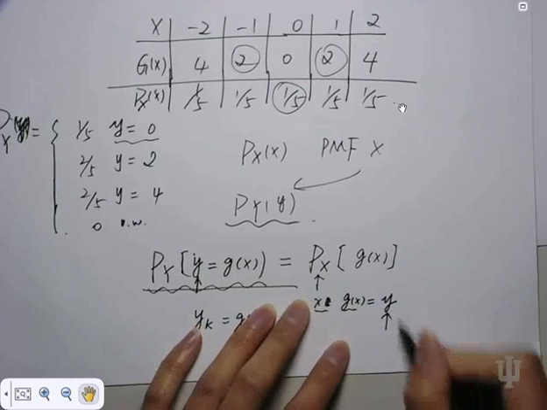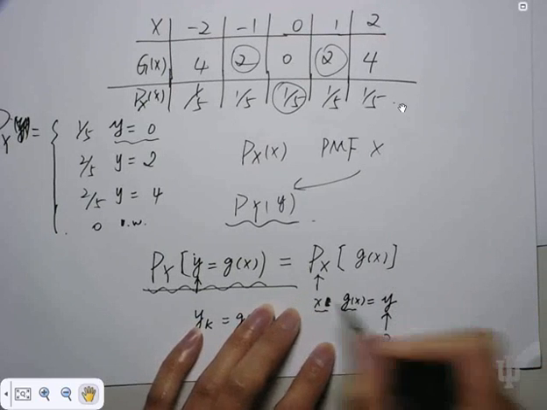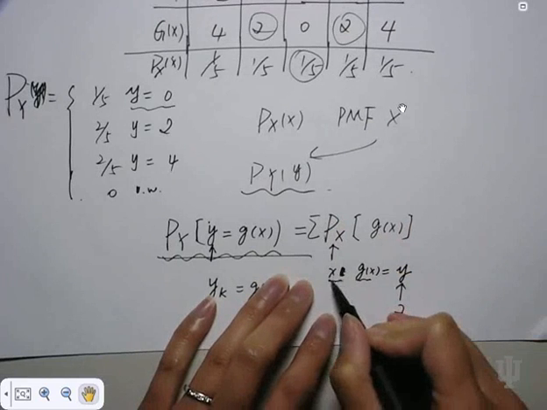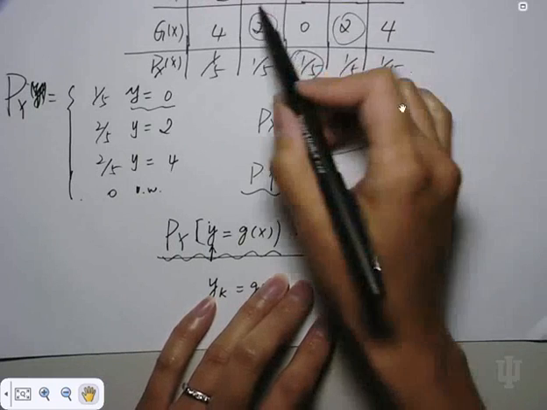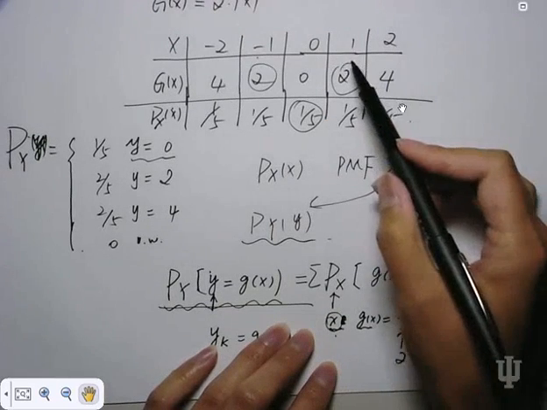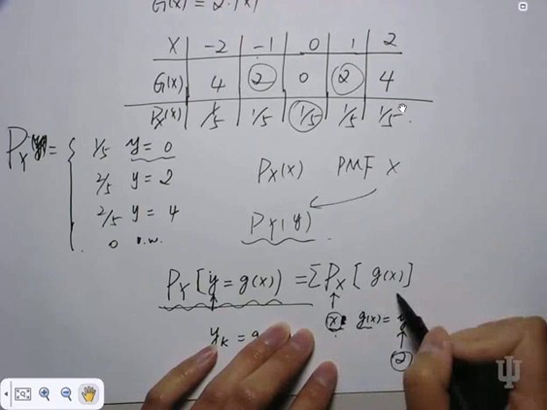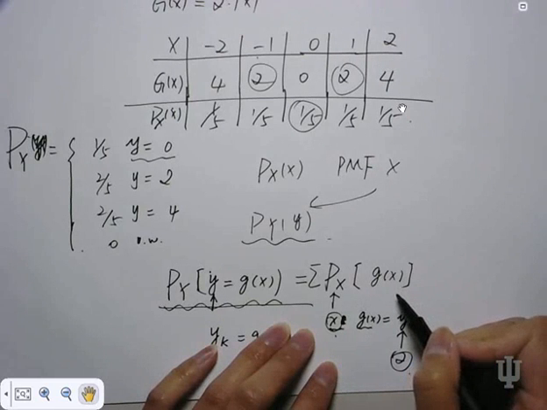For any value of y, for example 2, I need to find all the little x, positive 1, -1, that give me 2, and I sum up those probabilities of x, correct?